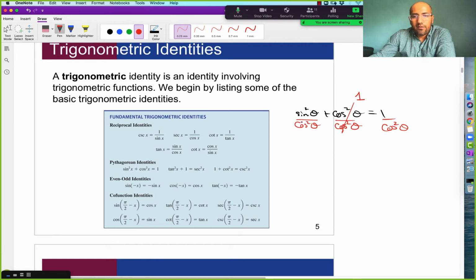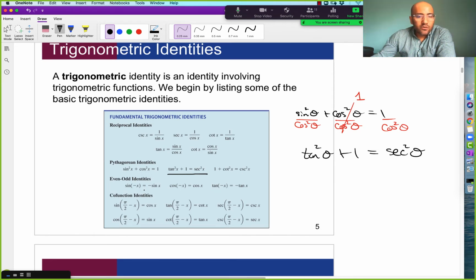And sine over cosine is tangent, so that's how we get this next one. Tangent squared theta plus 1 equals secant squared theta. Right, so that's how we get this one. And then we can do the same thing by dividing by sine squared instead of cosine squared, and that's how we'll get this one.